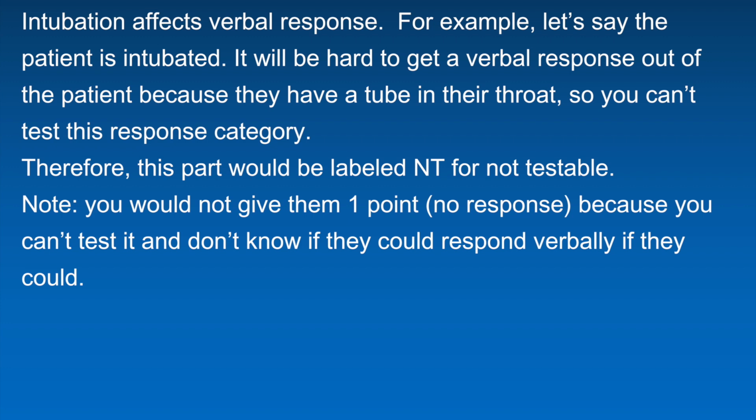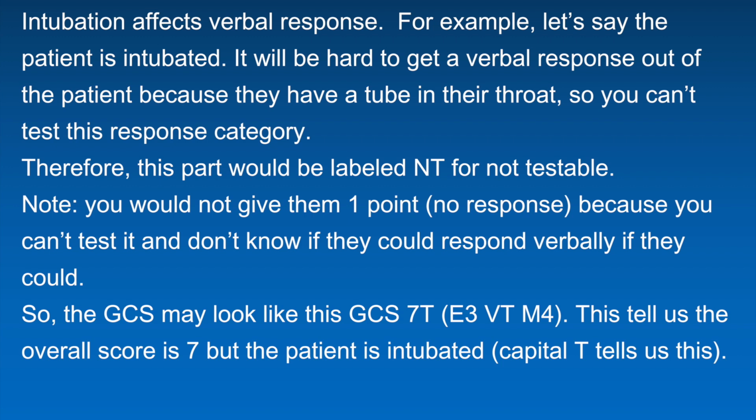We should not give them 1 point, no response, because we cannot test it and don't know if they could respond verbally. So the Glasgow Coma Scale may look like this: GCS 7T, E3, VT, M4. This tells us the overall score is 7, but the patient is intubated. Capital T tells us this.